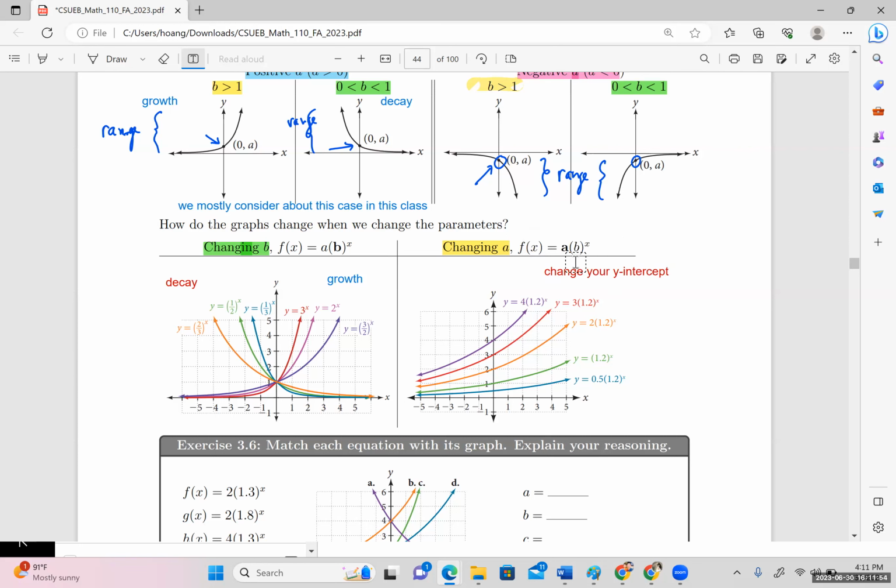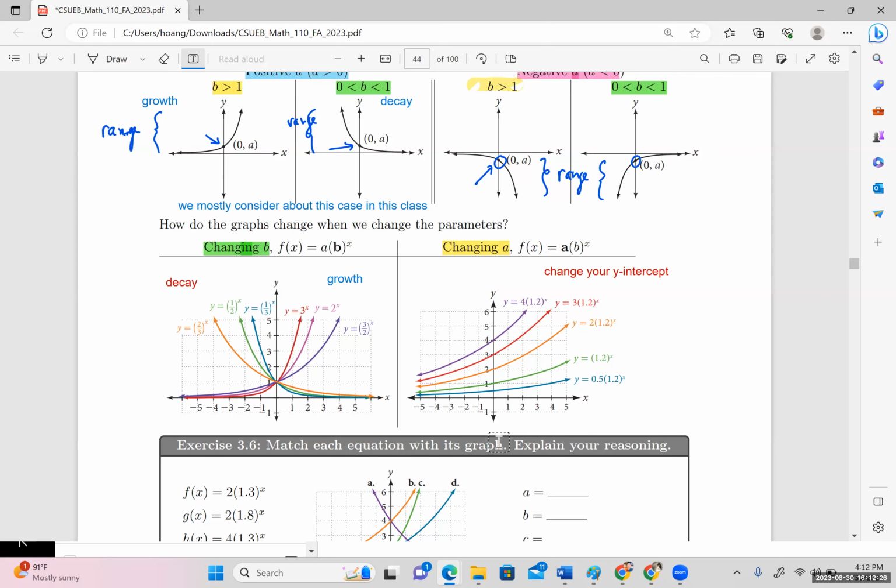As you see, if you have 4 as the initial amount a here, the y-intercept is at 0, 4, right? And if you look at the function y equals 3 times 1.2 to the power x, 3 is the y-intercept, and so on with the rest here.